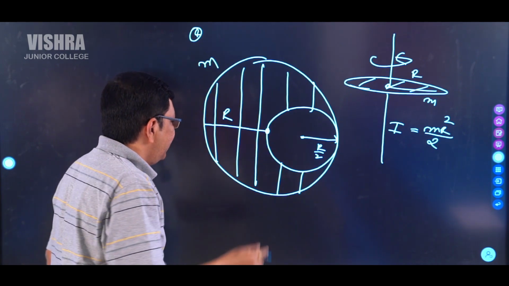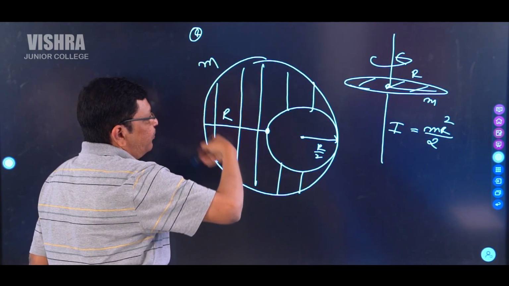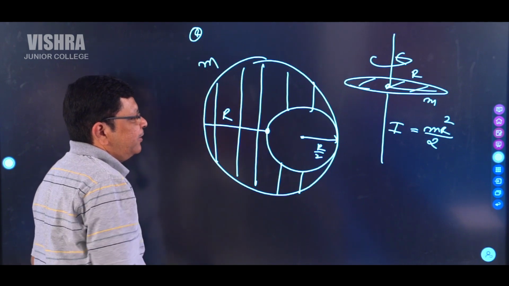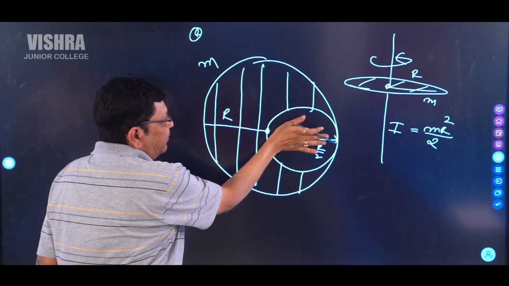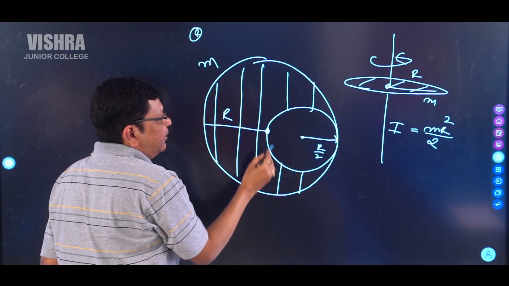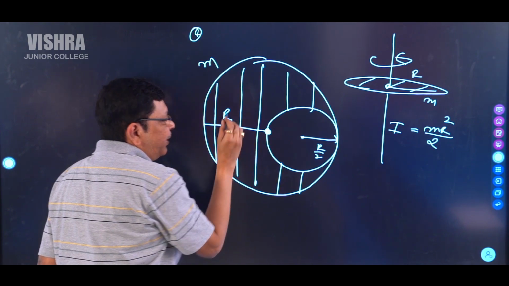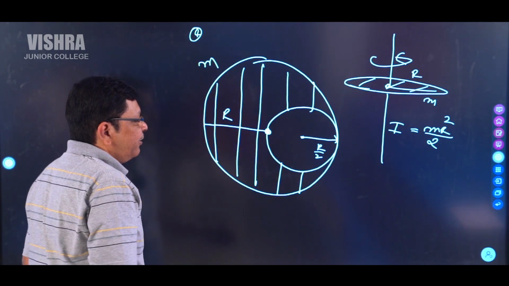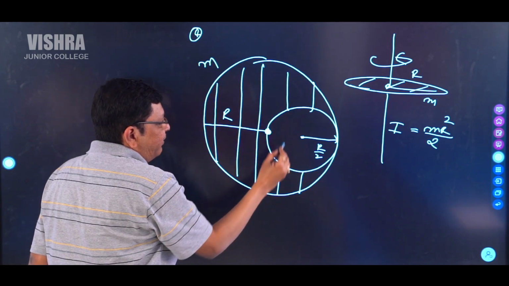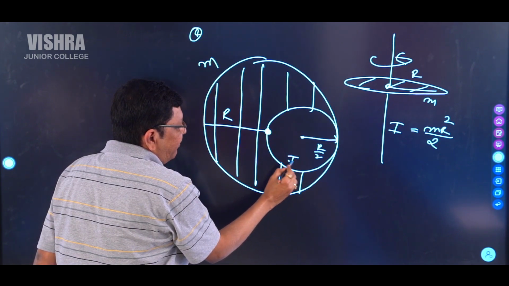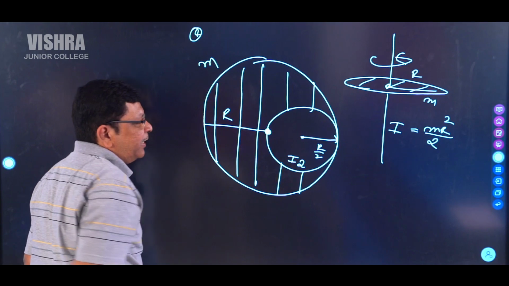So my idea is, from the total moment of inertia of the entire circular disc, let us remove the moment of inertia of this disc. But in this, the axis will play a vital role. So what will be the moment of inertia of the cavity portion? I imagine the cavity portion moment of inertia is I2.